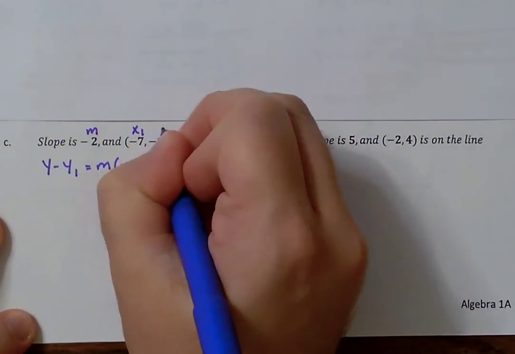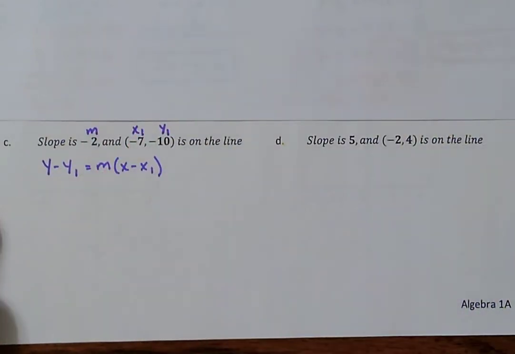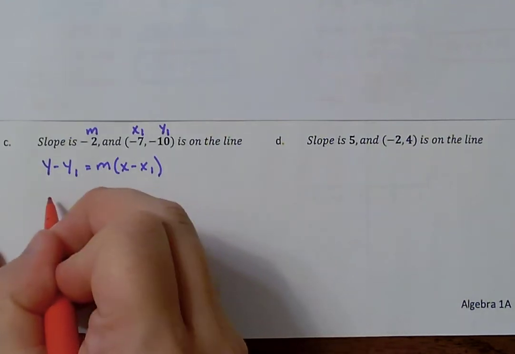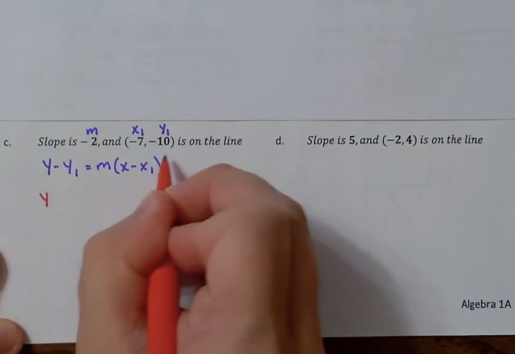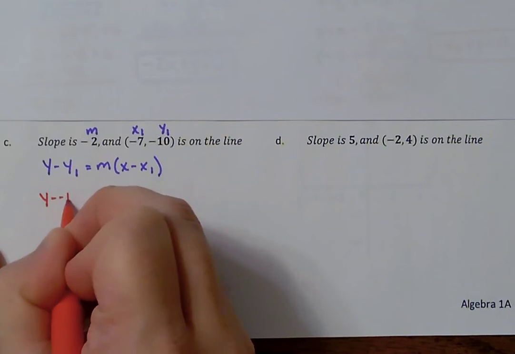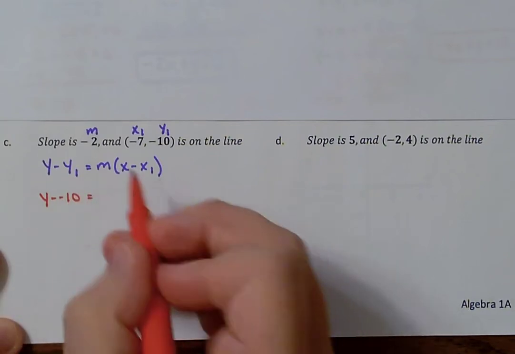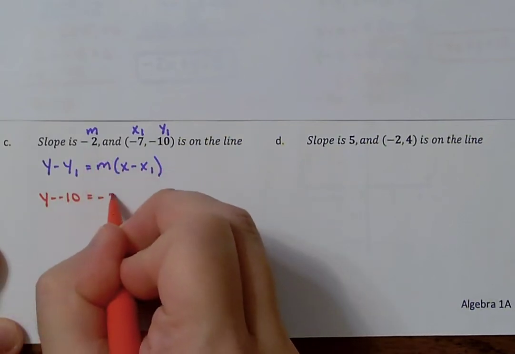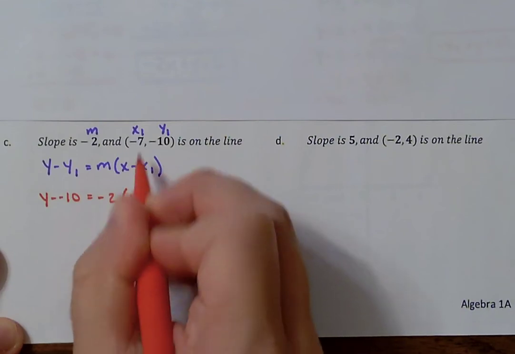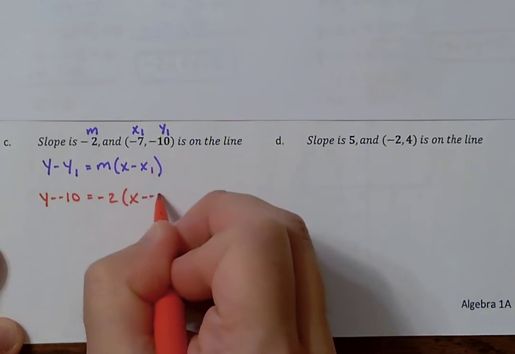My x1, y1 is -7, -10. So now that I know that, we're going to plug all of that in. So we get y minus -10 equals -2 times x minus -7.